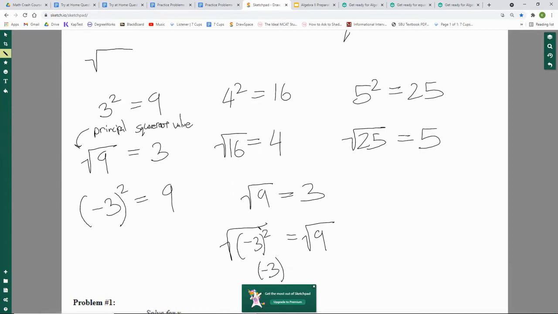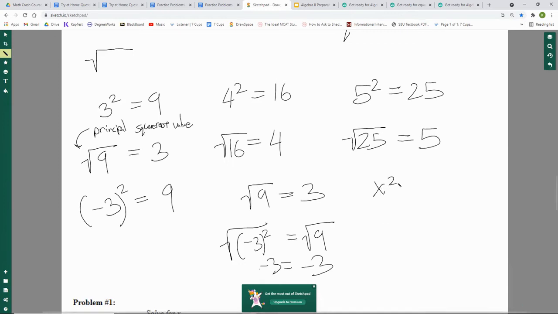You get -3. Let me just write it as a single thing, -3, and then this also equals -3. That's where we get that -3 from. So when we have this principal square root value, essentially they're asking for the positive version.